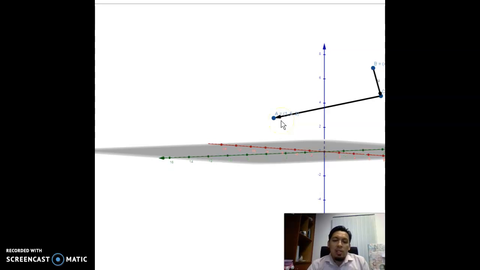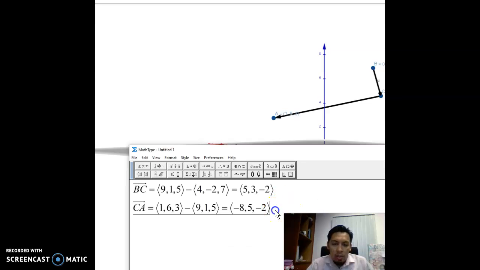So to find it, as I said in our previous video, we are going to calculate it the same as what we did in chapter 1 when we were calculating modulus. So in other words, to find the length, right? Let's say for CA. So this is how we should write it down. So CA, and we want to find the modulus.